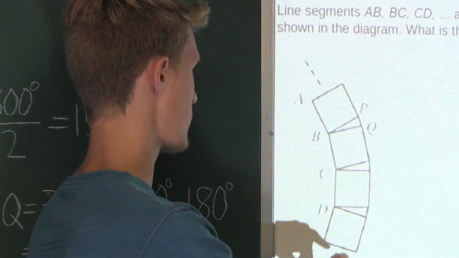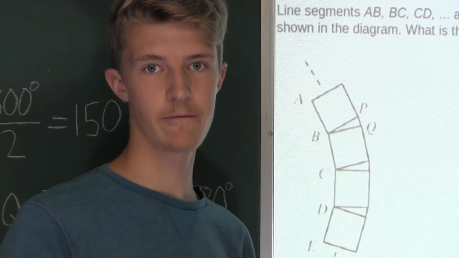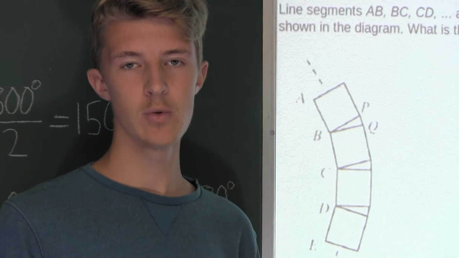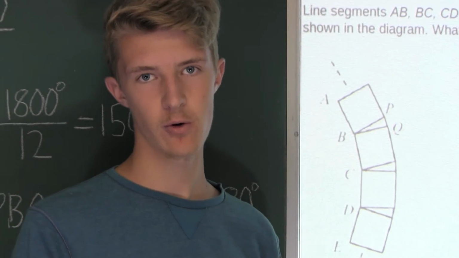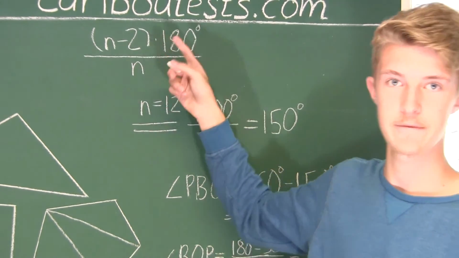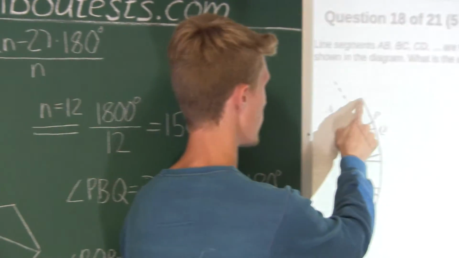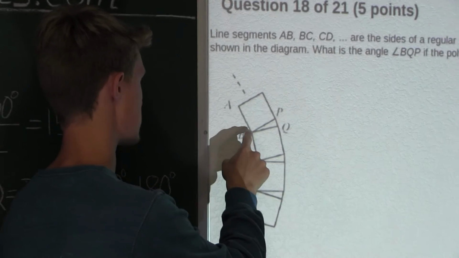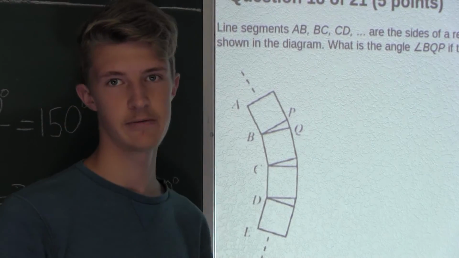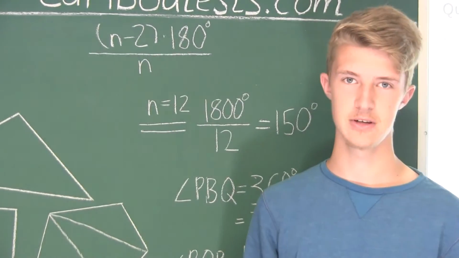So this outer polygon has 24 sides. Instead of n equals 12, we would substitute in n equals 24 into this formula. Then all we would have to do is subtract 90 degrees, and we would have that exact same angle of 75 degrees.